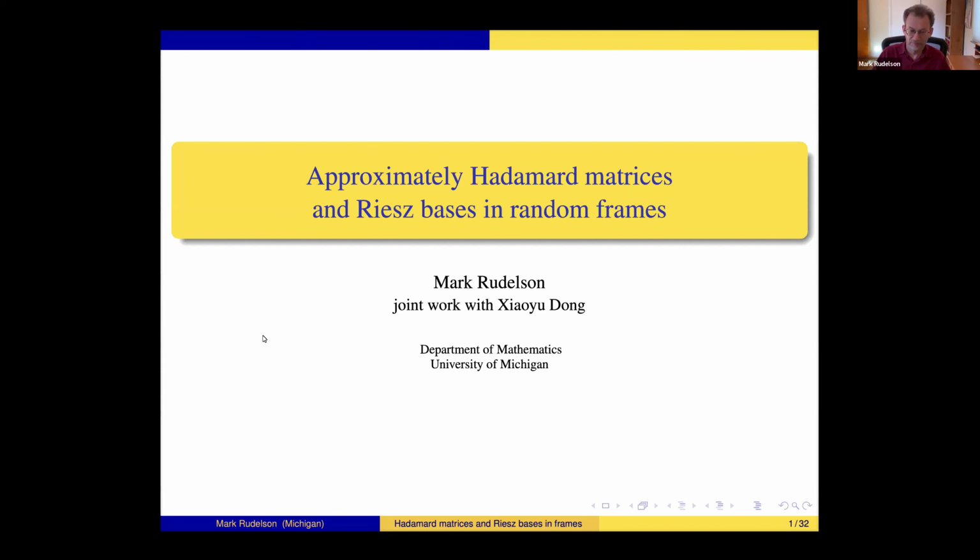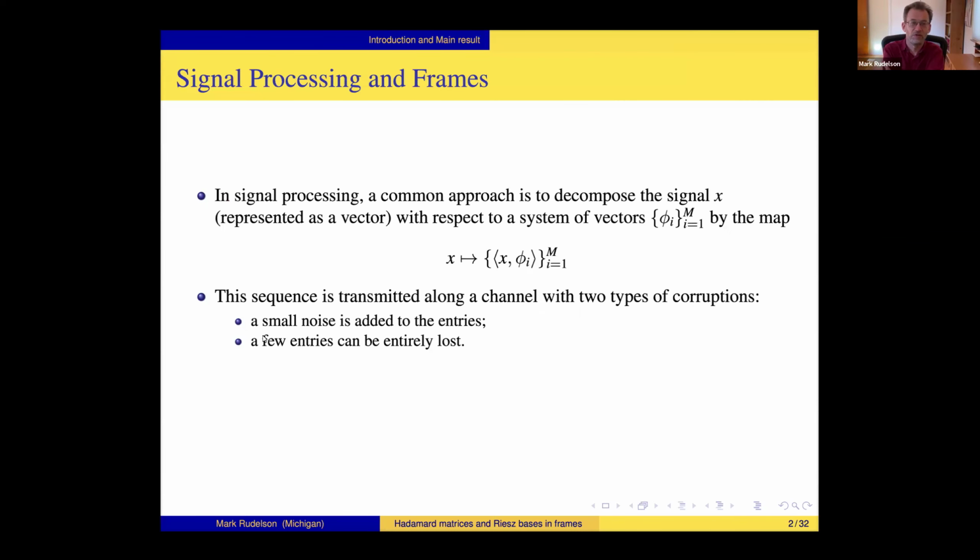The thing we are going to talk about is frames. And a frame is a method of transmitting a signal in signal processing in particular. Well, it's basically what happens in our cell phones. We want to transmit a signal along a lossy channel.